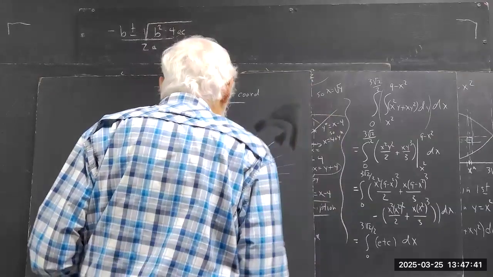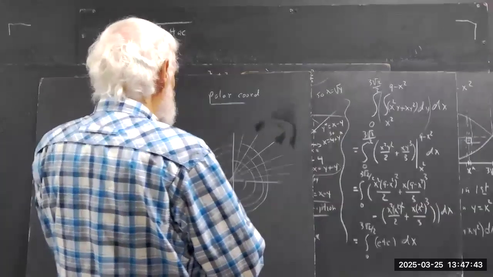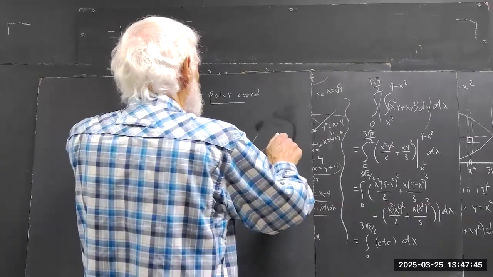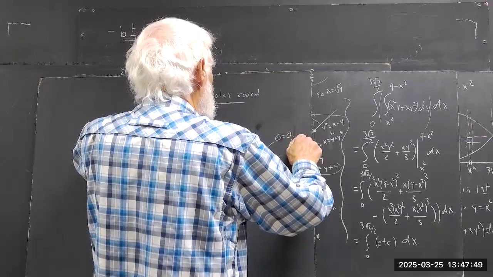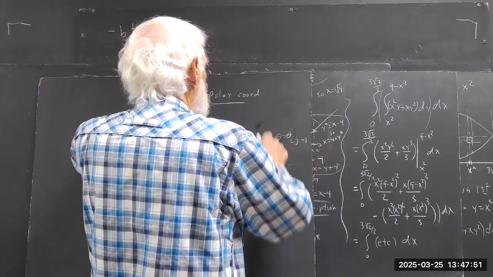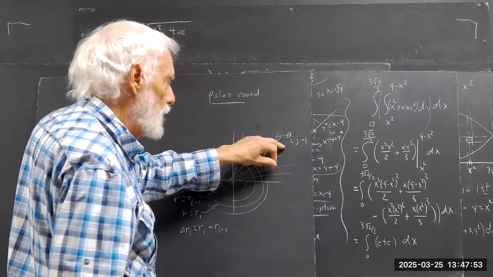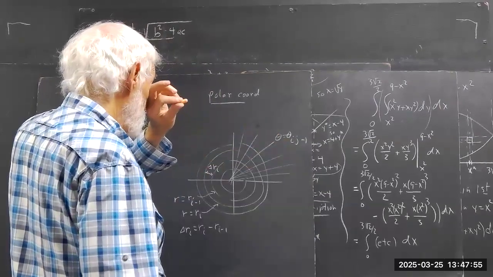Label these. This will be theta equals theta sub i, j minus 1.